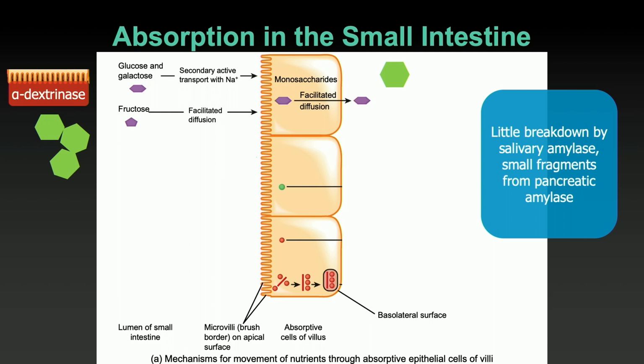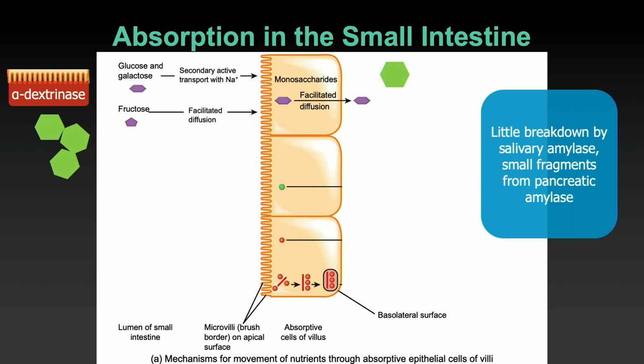Imagine that it cleaved one at a time all of these individual glucoses to be released and then transported through facilitated diffusion into the cell. For anything that's fairly long, 4 saccharides or more, alpha dextrinase breaks them down.